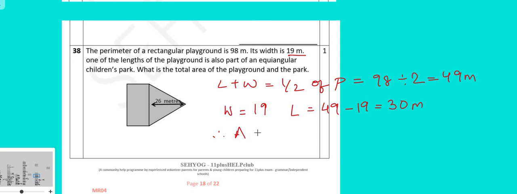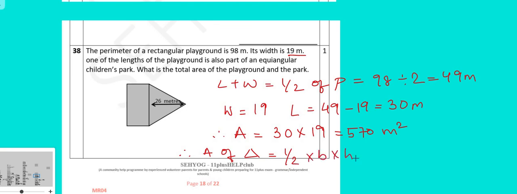Therefore the area is 30 into 19, which is equal to 570 meters square. Therefore the area of the triangle is equal to half into base into height, which now if we put the values in places, we get half into 30 into 26.